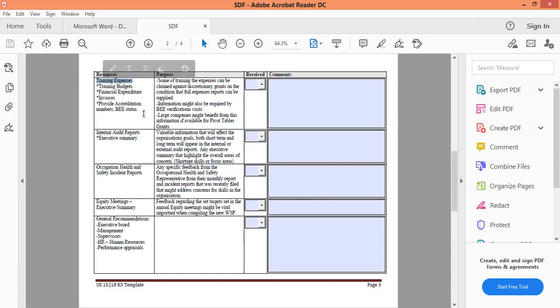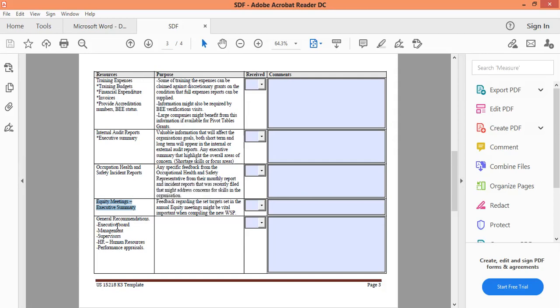Training expenses, did they do anything during the year, or was there anything that they already identified? If they have an internal auditing department, I'm going to ask for the executive report to see what was identified there, what risk, occupational health and safety incidents, employment equity meeting, obviously, because we need to link it in with that.